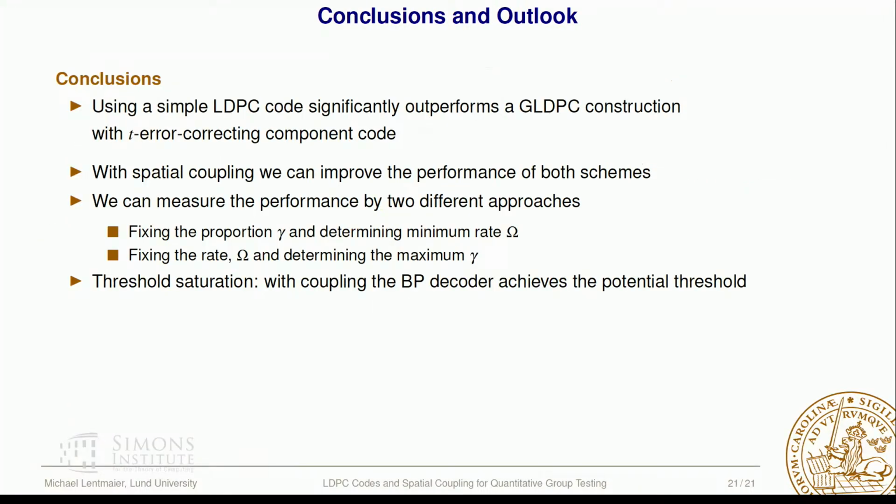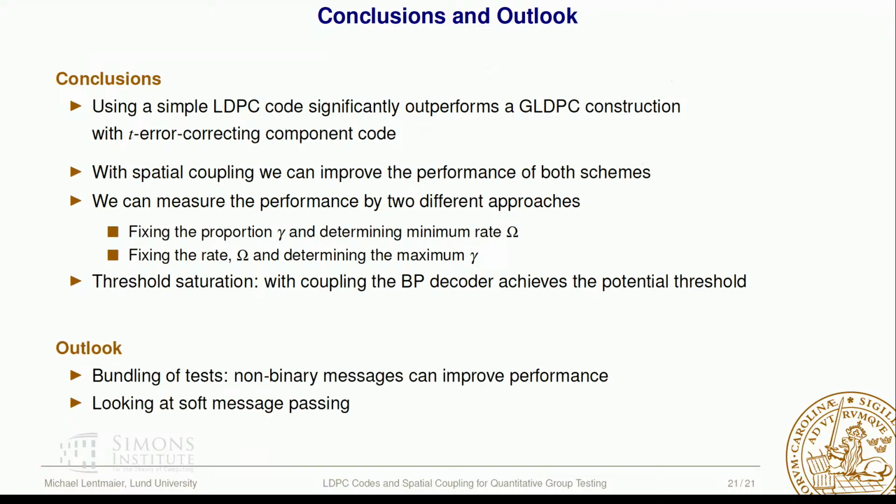Okay, that's basically it. We have shown that using simple LDPC codes actually can outperform these pre-existing generalized LDPC code constructions based on BCH codes. And we have also shown that we can improve with coupling for both schemes, get an improvement, and we can combine it to get the best of everything.